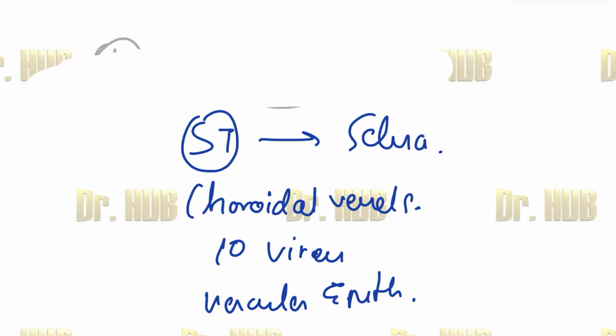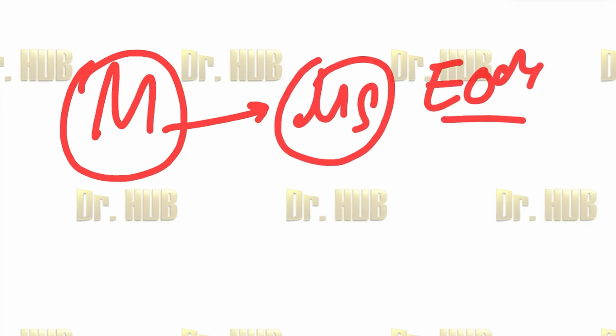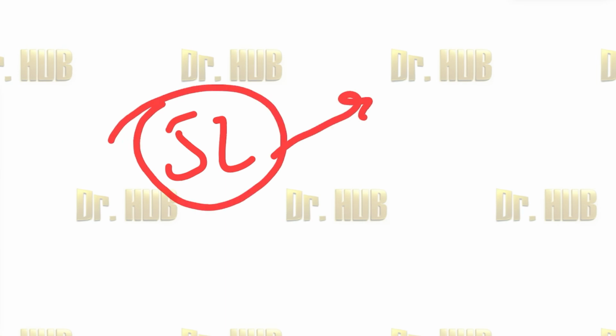So let's quickly recap. We spoke about the mesoderm. M for mesoderm, M for the muscles. What muscles? The EOM, or extraocular muscles. Then we also spoke about it being a part of the sclera, that is the supratemporal part. It contains 3 V's. One V is the vessels. What vessels?